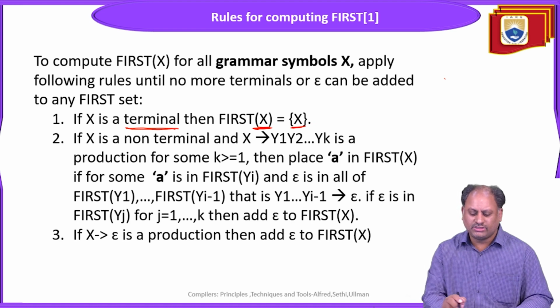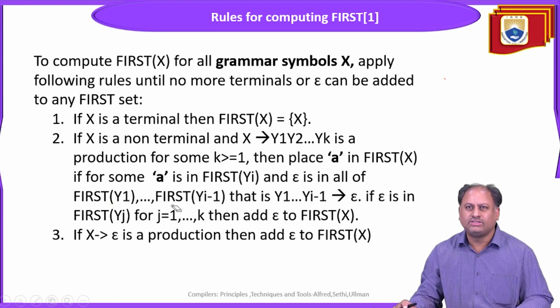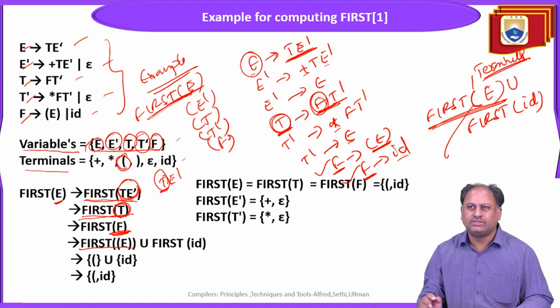If it is a non-terminal, we have to compute first of Y1 once again. So in this process we are getting a result as terminal. Since it is a terminal, we are going to include this as a result.